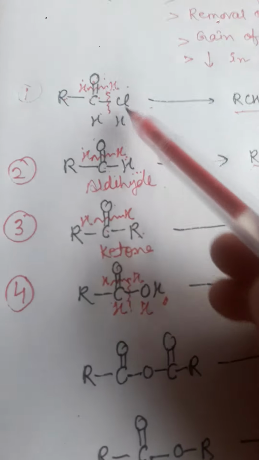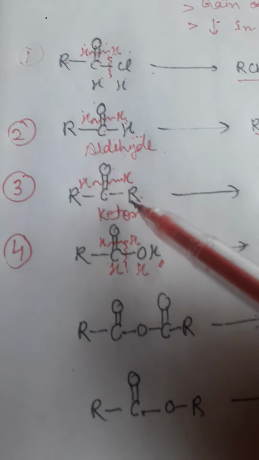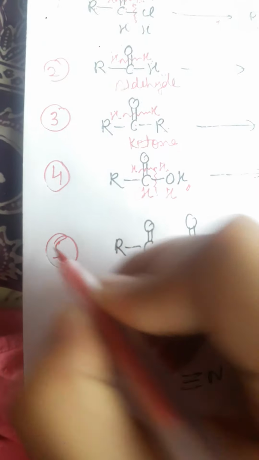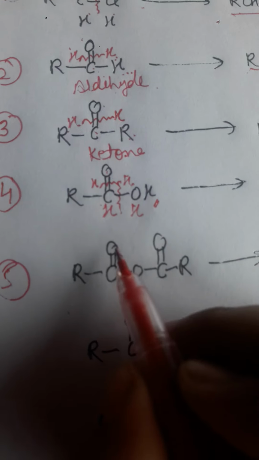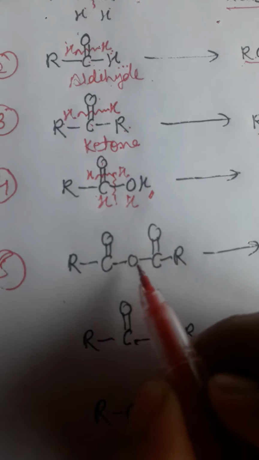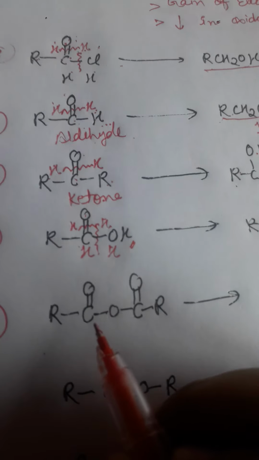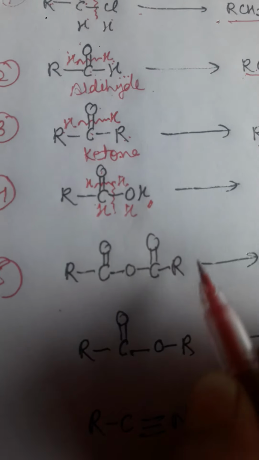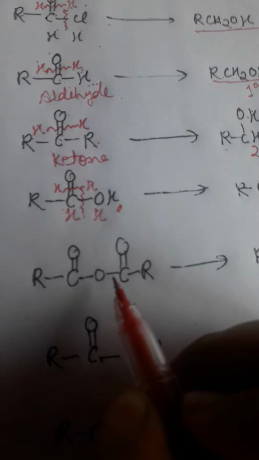So we have completed the acyl chloride, aldehyde, ketone, and acid. The next one is an anhydride. The anhydride formula you know very well, (RCO)2O. Now this one is very tricky, right? How will we reduce this anhydride molecule? This one is also a very simple molecule.